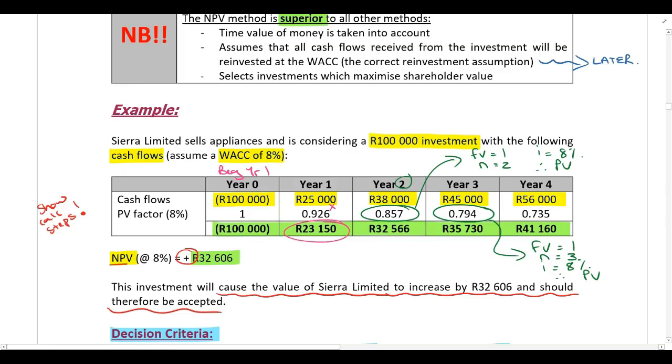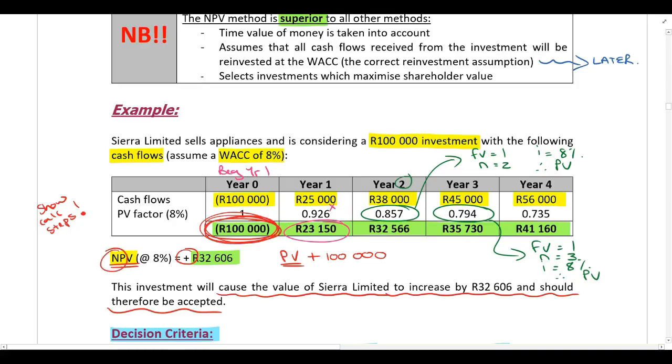Please note that the net present value is after deducting the original investment cost. On the other hand, my present value ignores this original investment cost. So if I want the present value, I'm just going to add back the investment cost of 100,000 Rand, and that will give me my present value.